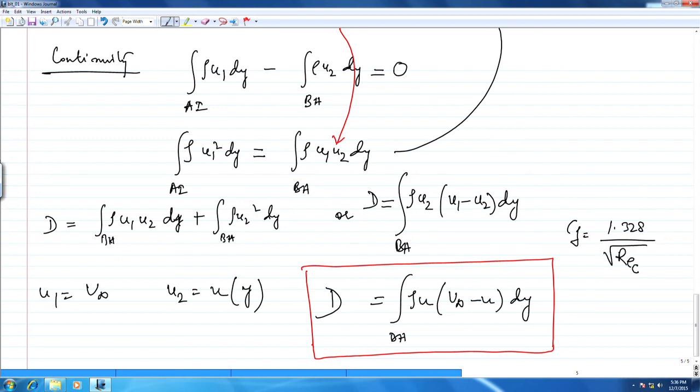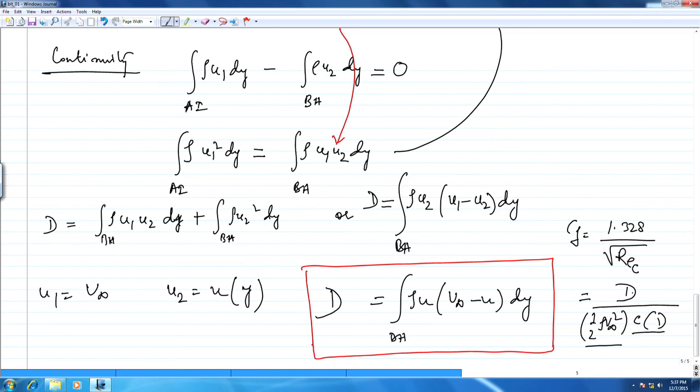So this skin friction drag is nothing but this drag, and we are going to non-dimensionalize it by half rho U infinity square, which is the dynamic pressure, times c into 1, which is the area.